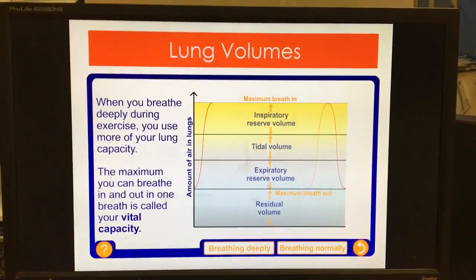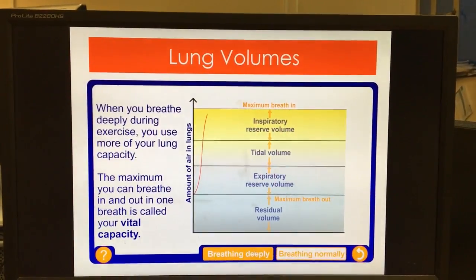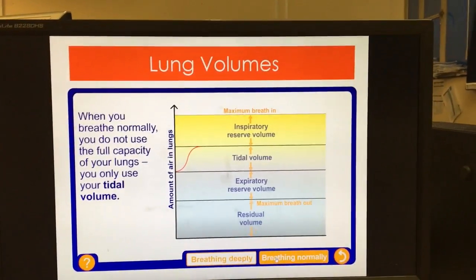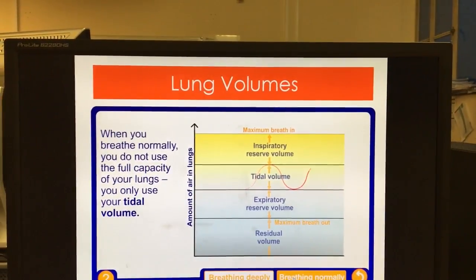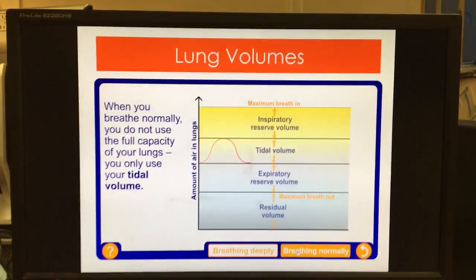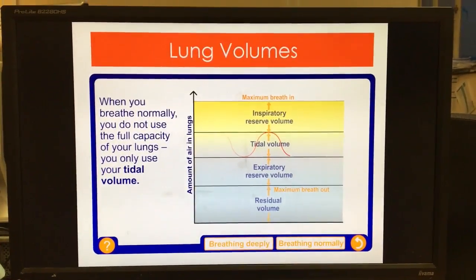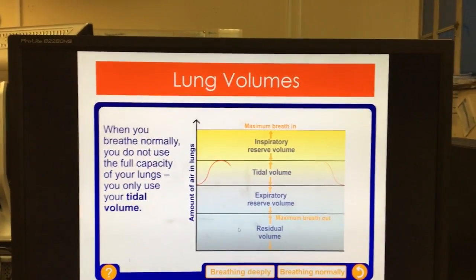You also need to know what residual volume is, and residual volume is down here. Residual volume is the amount of air that's left in the lungs after a maximal respiration. What that means is the amount of air left in your lungs after you've forced out the most amount of air.